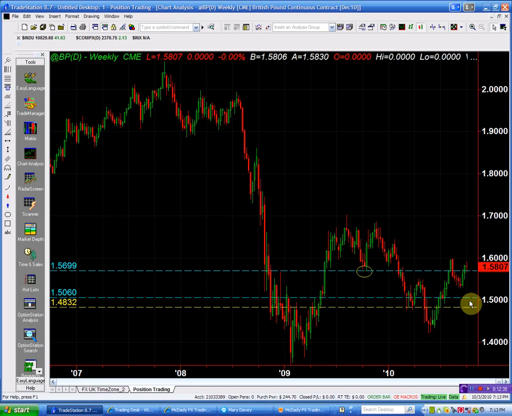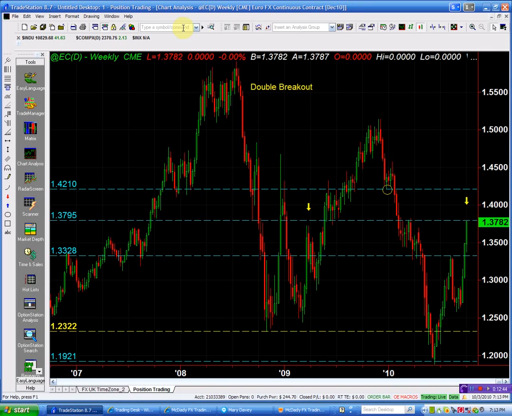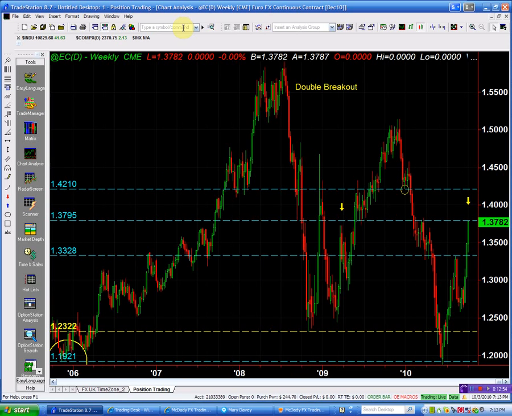Last but not least, we are going to go to the euro. And that, ladies and gentlemen, is the currency of the week. That is a remarkable piece of technical trading and the beauty of price behavior.